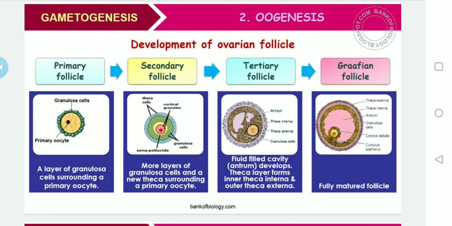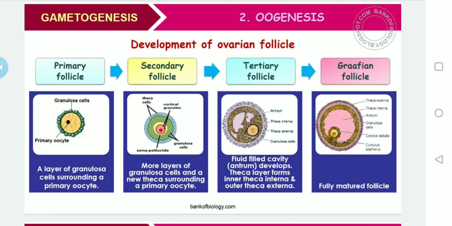The secondary follicle soon transforms into a tertiary follicle, which is characterized by a fluid-filled cavity called the antrum. I hope you can identify the structure and the layers in the diagram.